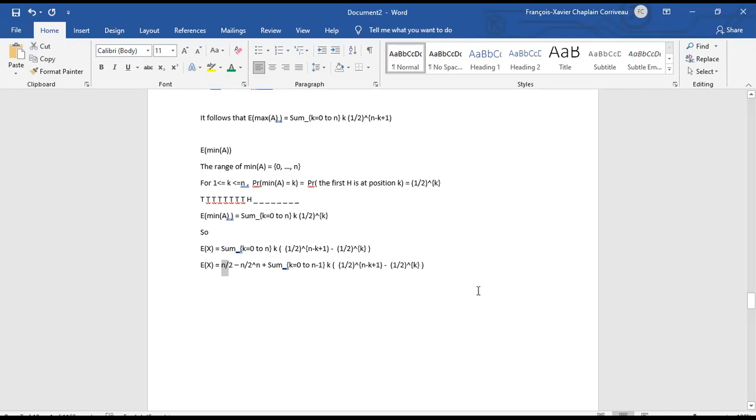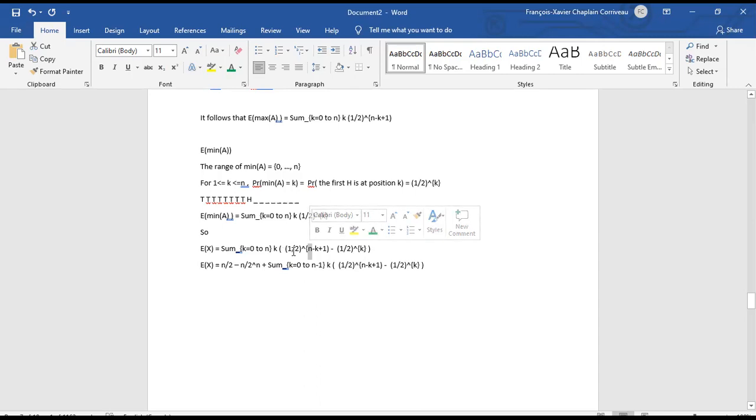Now, how do I get my minus 3? So plug in n in this formula. So this is n times 1/2. So this is n minus n plus 1, so this is a half.